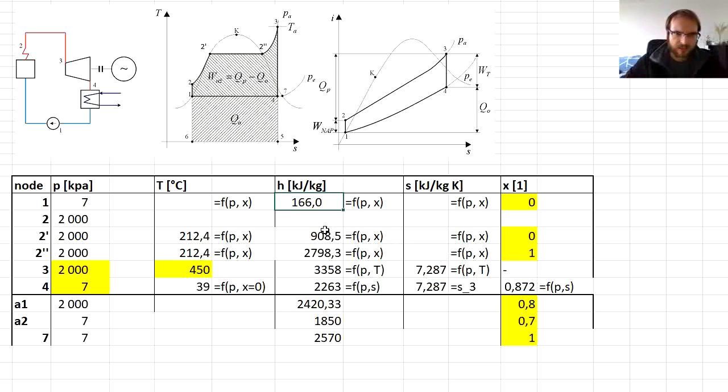Now again, this is a result of the approximate values of the enthalpies that we had both at point 7 and at point A2.